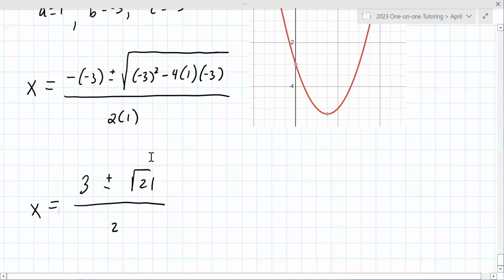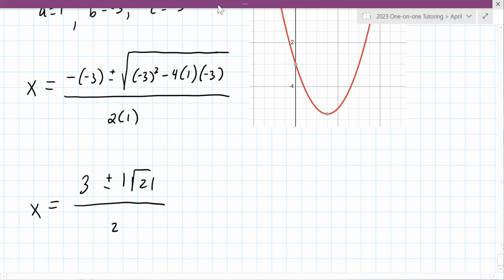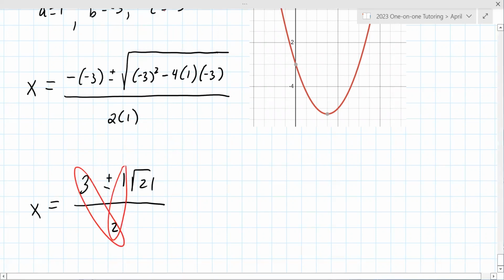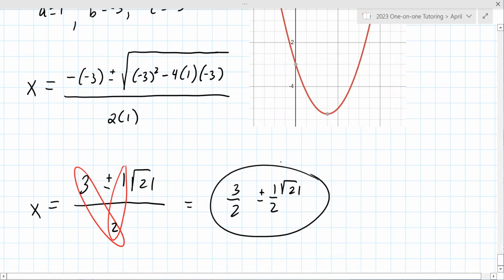So there is nothing to do here. You just leave it as is, and now you divide each of these by the 2. Typically they want you to show the answer where you're dividing them, even if you can't actually divide it, written like 1/2 or the square root of 21 over 2. This is your preferred answer.